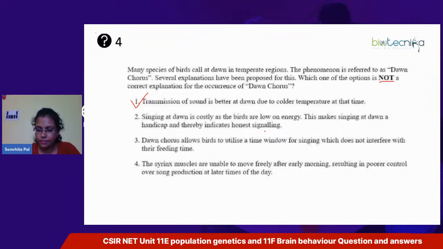Confusing, isn't it? Okay, some of you are saying option 1 is not correct. Option 1 is correct. Okay?